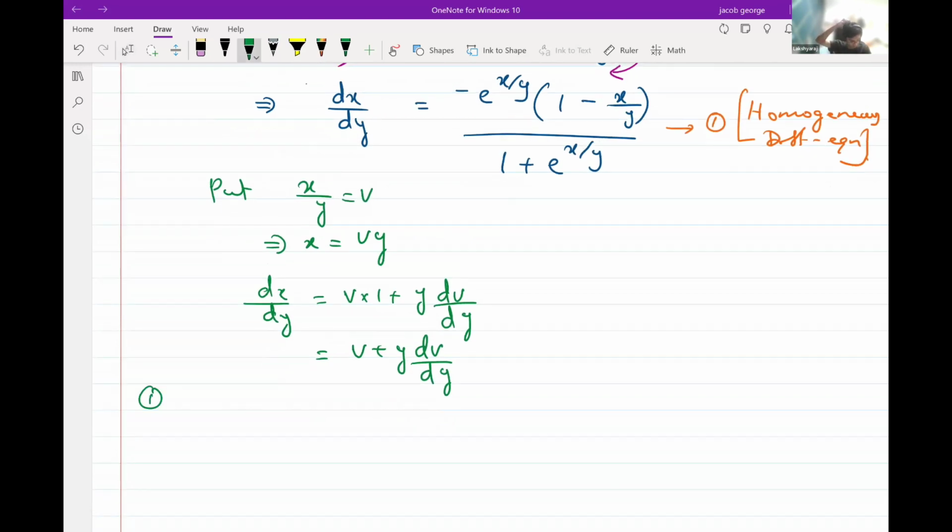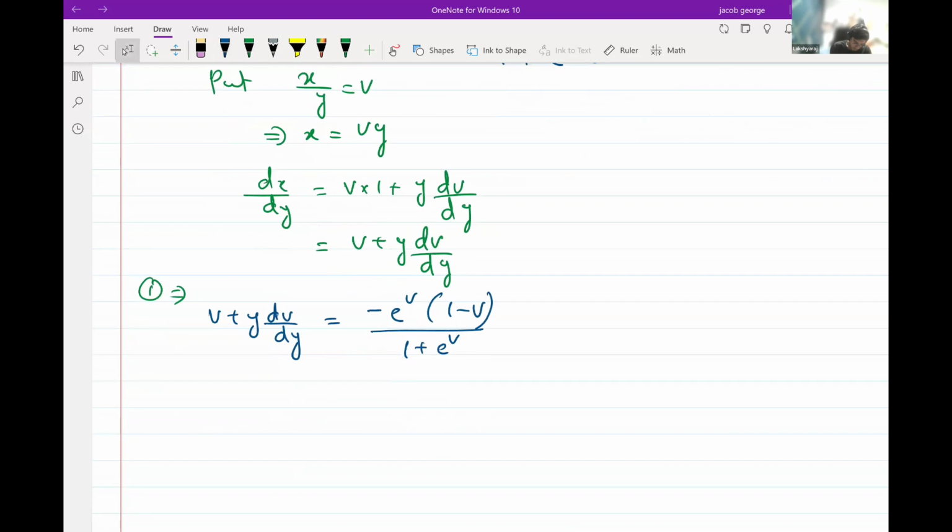You have to take v to the right side, same as in the variable separable form. So y dv by dy is equal to minus e raised to v into 1 minus v upon 1 plus e raised to v, minus v. So I took this v to the right side.